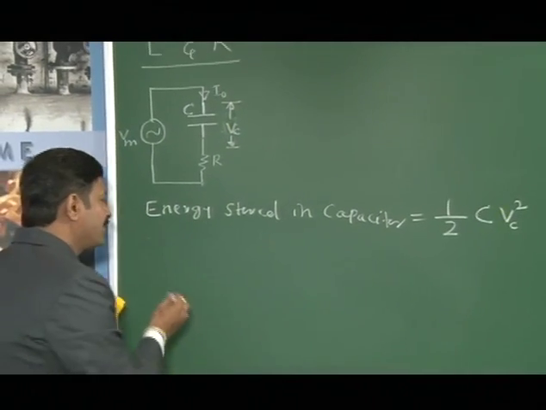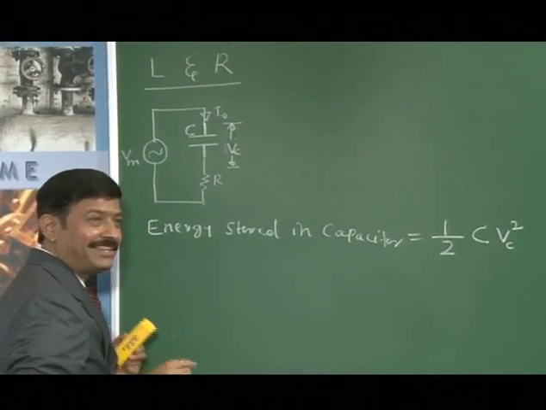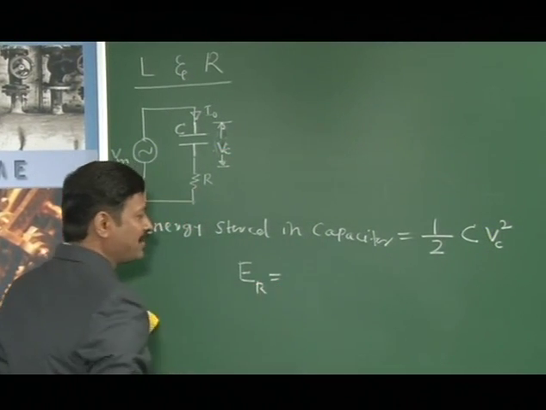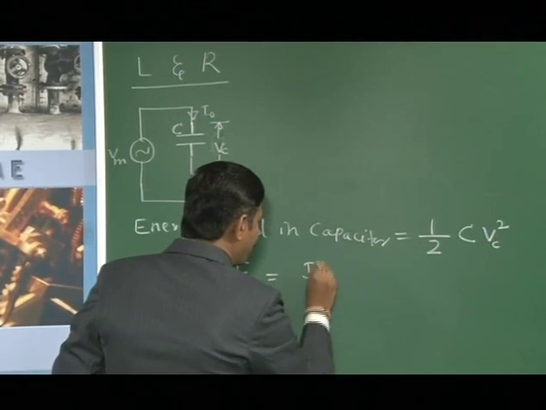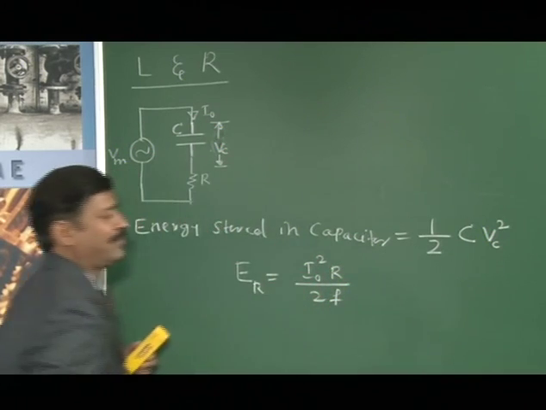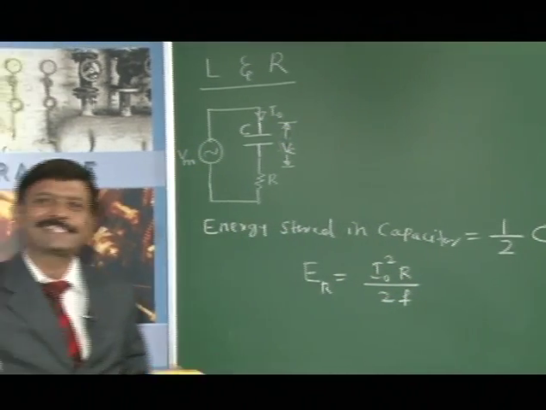Already we know the energy dissipated in the resistor. Straight away I will write ER is equal to I naught square R by 2F. We have already derived this in the previous expression.